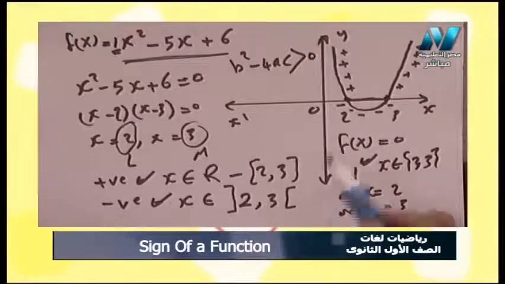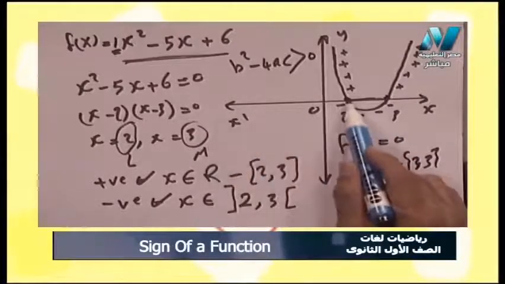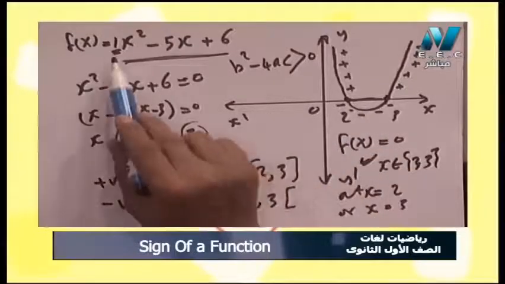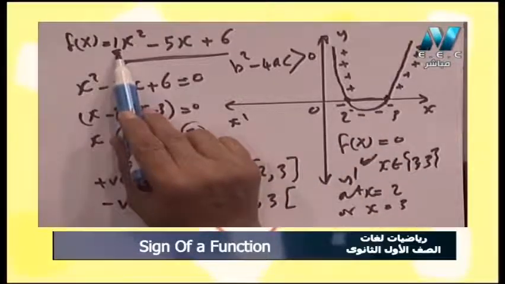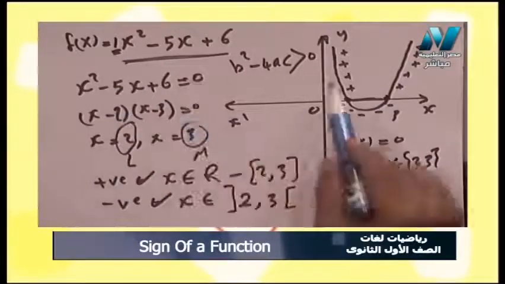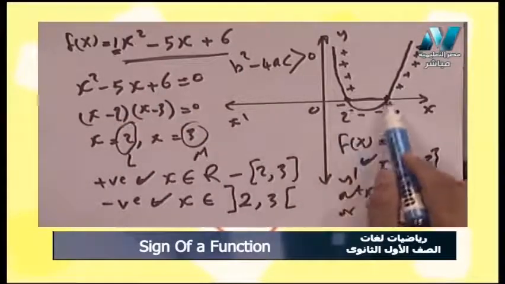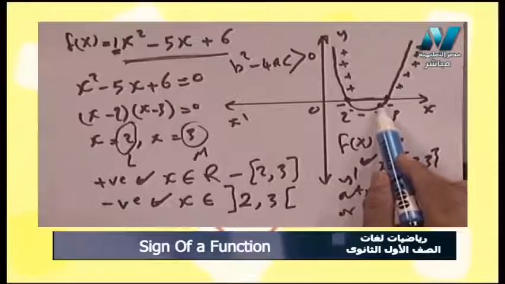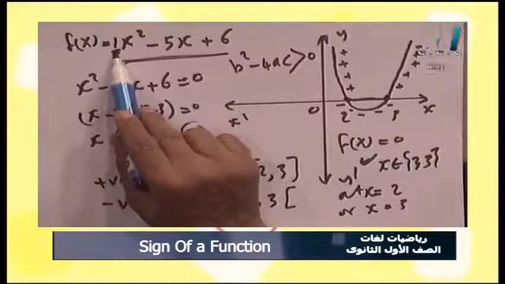So the function before 2 will be as the coefficient of x power 2. This coefficient of x power 2 here is positive, so it's positive. And this part will be opposite the coefficient of x power 2. So it will be negative here.